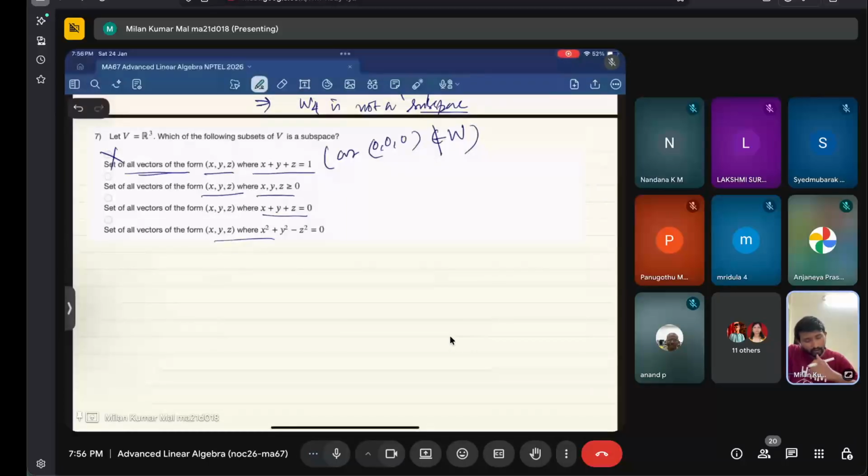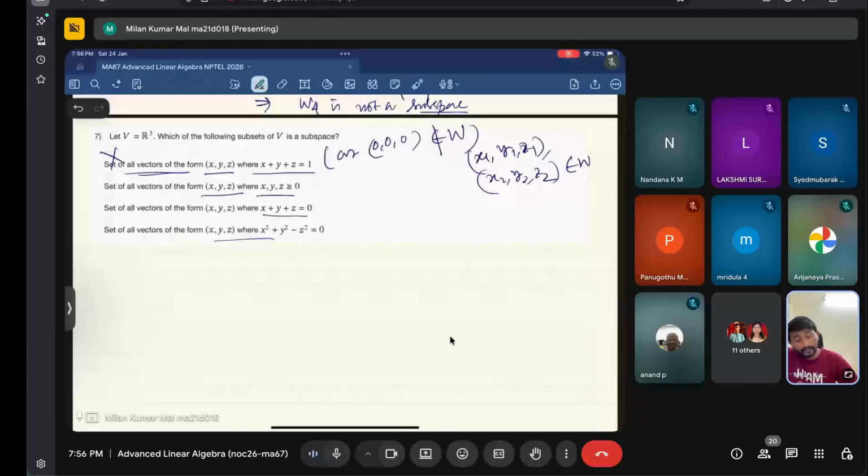Also, there is another, more detailed way you can check. Suppose you have two elements, (x1, y1, z1) and (x2, y2, z2), a general entry I am taking in W1, say w1 and w2. Let c be in the field.